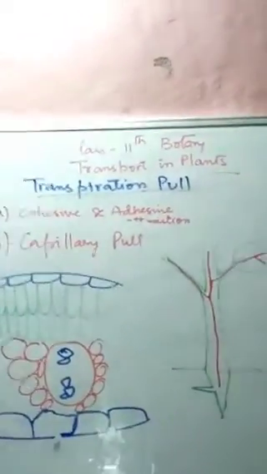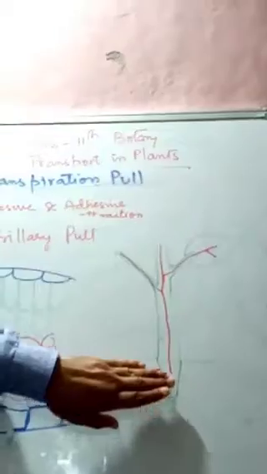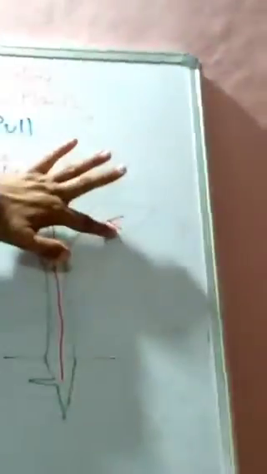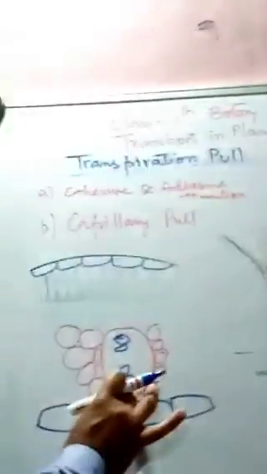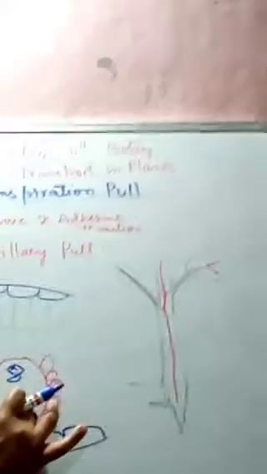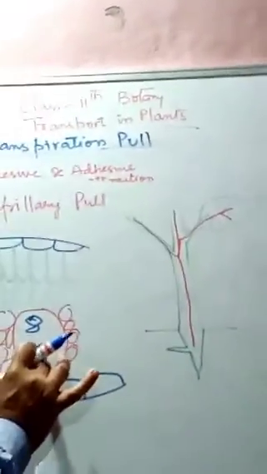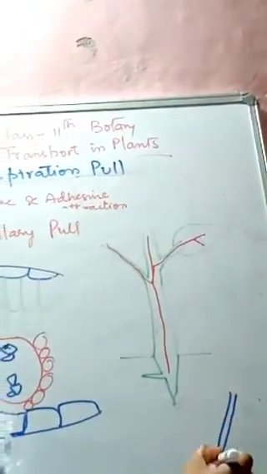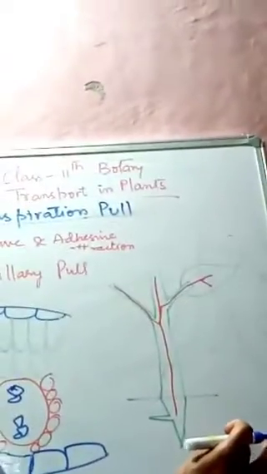Now what happens is the water moves upwards by this cohesive force, by this capillary pull, from these branches, and it reaches up to here. The xylem vessel is open here, and the water comes up from here.